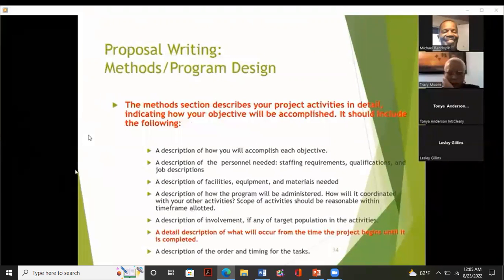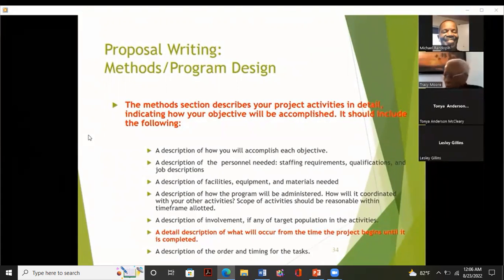Excellent. And now we begin really to write the program proposal, the program design. What's important about the program section is that it describes your program activities in detail, indicating how your objectives will be accomplished. It should include some of the following. For example, a description of your personnel, job qualification and job description, facilities, equipment you're going to need, materials that you're going to need.